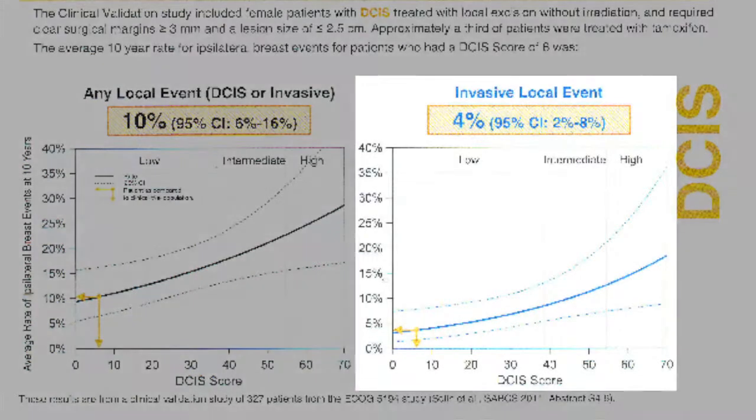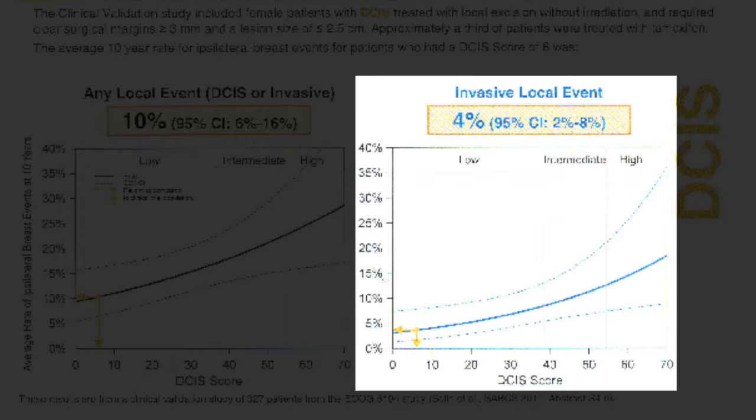And on the right-hand graph, she has only a 4% chance of an invasive recurrence. This is an extremely low score. Now, combining this low score with the fact that the cancer was really quite small, this patient chose not only to not have radiation therapy, but also not to go on anti-hormonal therapy.